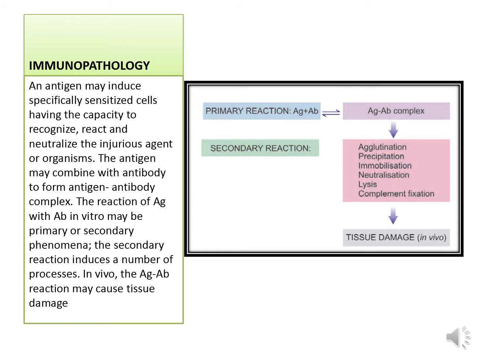The reaction of antigen-antibody in vitro may be a primary or secondary phenomenon. The secondary reaction induces a number of processes. In vivo, the antigen-antibody reaction may cause tissue damage, and we will try to understand the reactions in tissues in case of immunopathological reaction.